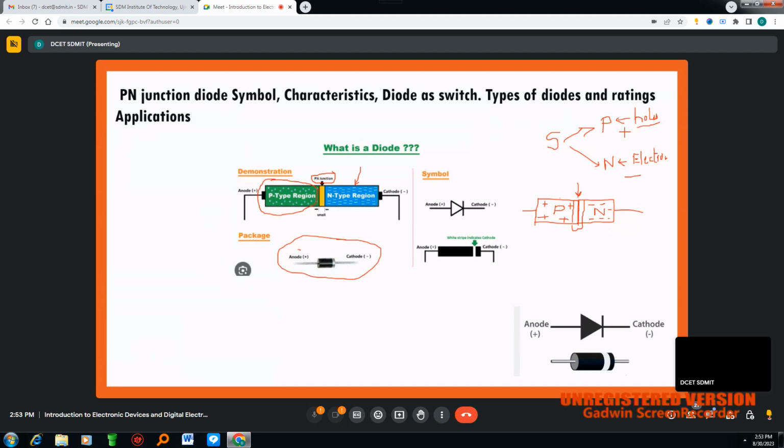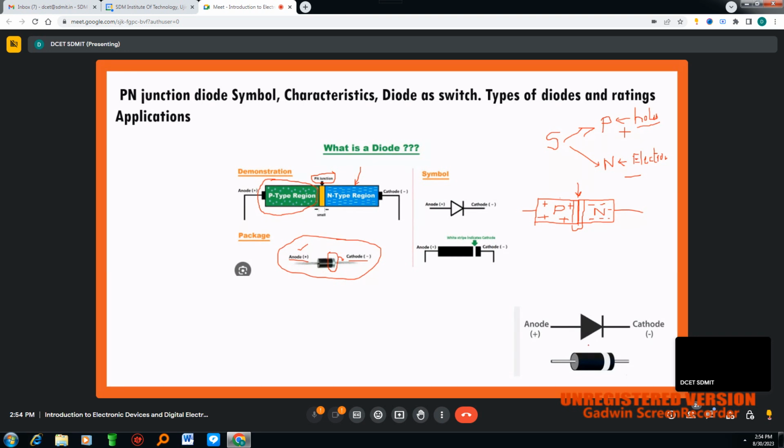ಇದರಲ್ಲಿ ಏನಂದ್ರೆ two terminals ಇದೆ, ಒಂದು anode, another terminal is cathode. How will we find out whether it is an anode terminal or cathode terminal? ಇಲ್ಲಿ ನೋಡಿ ಸಿಲ್ವರ್ ಕಲರ್ ರಿಂಗ್ ಇದೆಯಲ್ಲ, this silver color ring, the terminal near the silver color ring, we call it a negative terminal or cathode terminal. Whereas the opposite terminal, we call it an anode terminal.